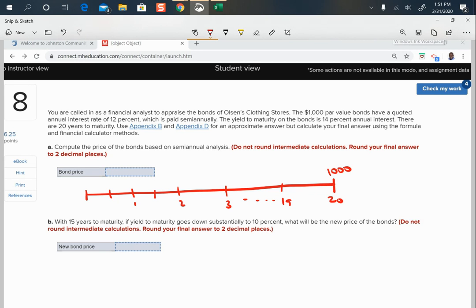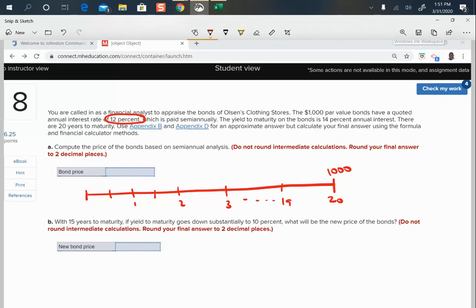How much interest are we talking about here? Now we are going to use the quoted rate or the nominal rate to determine the interest payment. Now remember, this is a bond that is paying interest every 6 months, and therefore the 12% that we've been given here is 12% per year. But we have how many payments per year?